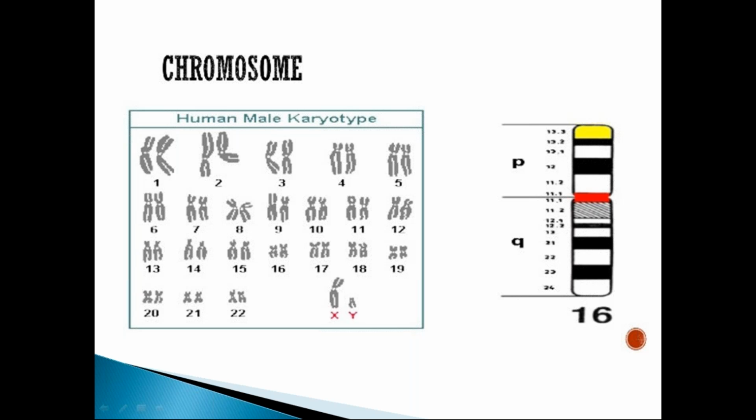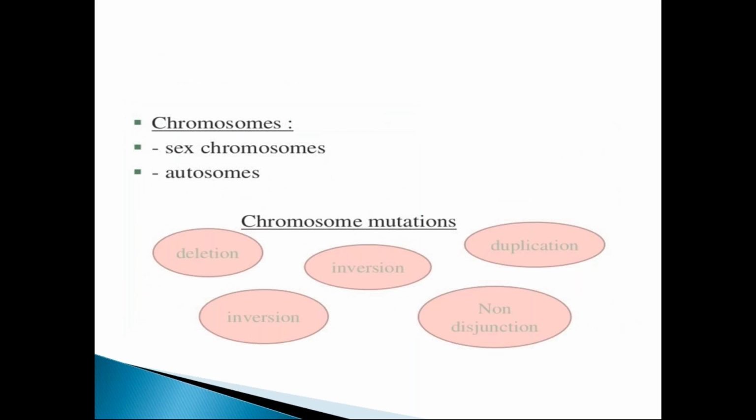This chromosome has two parts. The upper part is called P, the proximal part. The second part is called Q. In this, they have genes, like nucleotides. This is called human male karyotype 22 XY. In chromosomes, there are two types: sex chromosomes and autosomes.